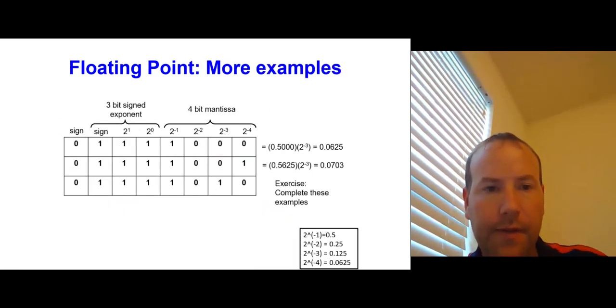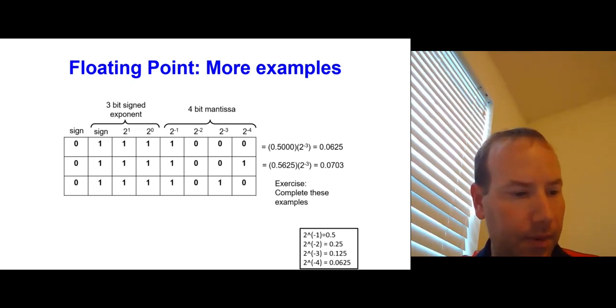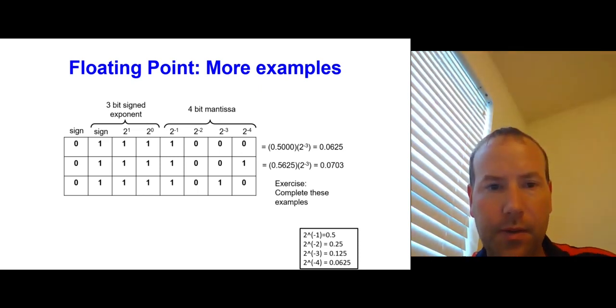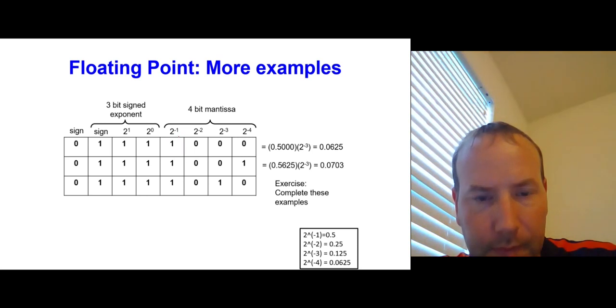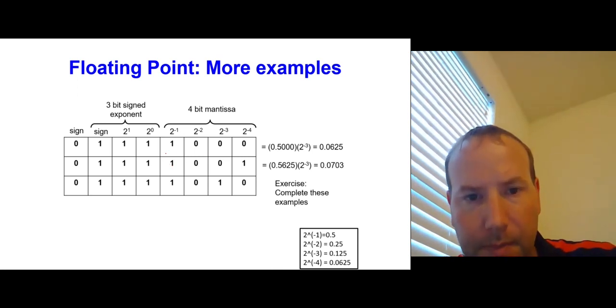So let's look at a few more examples, and you want to be able to convert these to base 10. So we had already said that a mantissa right here is going to give us 0.5.